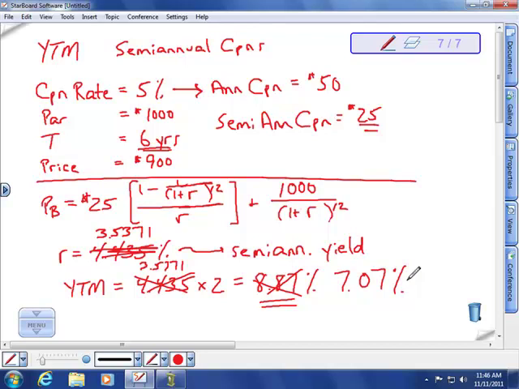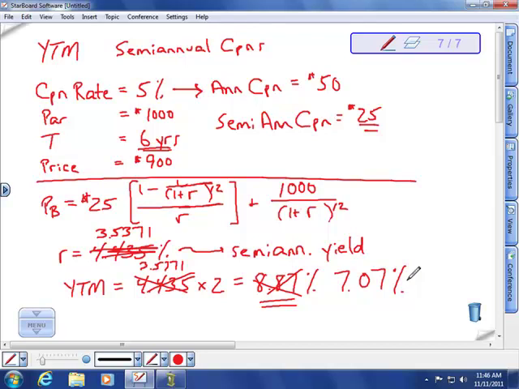You're not going to come up with the same, because number one, we're looking at $50 every year being discounted a full year every time, and here we're looking at just $25 being discounted 6 months every time. So we have the cash flow spread out more evenly throughout the bond's life. And so given the same $900, that would make this discount rate different, make it smaller.